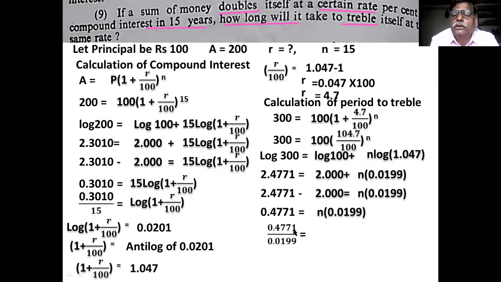So 0.4771 divided by 0.0199 is equal to n. Therefore, n is equal to 23.97.